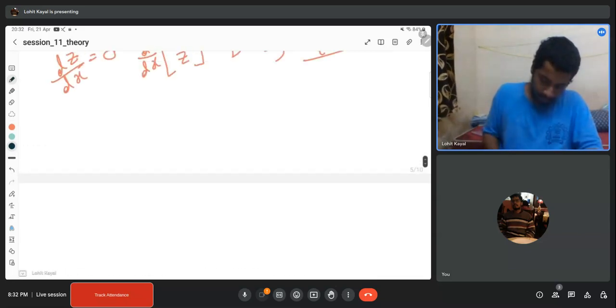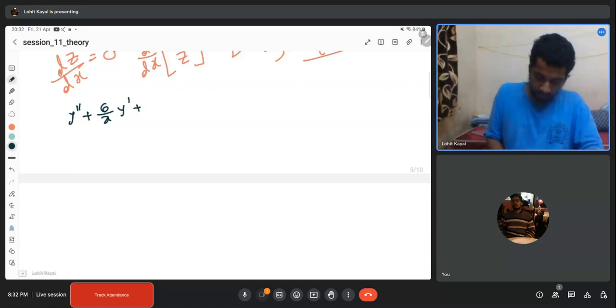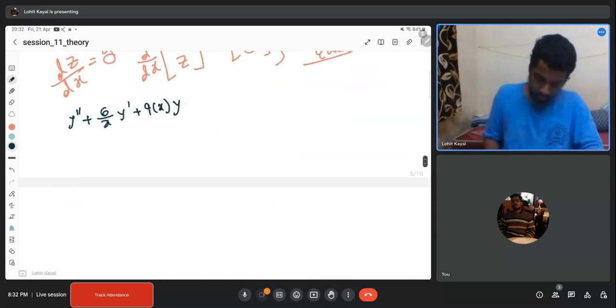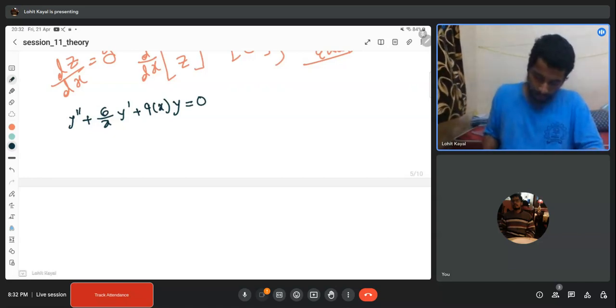So the function is y double prime. So it is d2y/dx squared. I am writing a shorthand notation: y double prime plus 6 by x y prime plus q(x) y. I think this is homogeneous. Yeah, equal to 0. Right. Now the Wronskian.